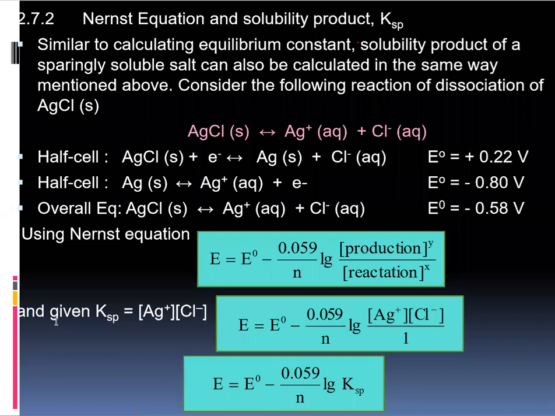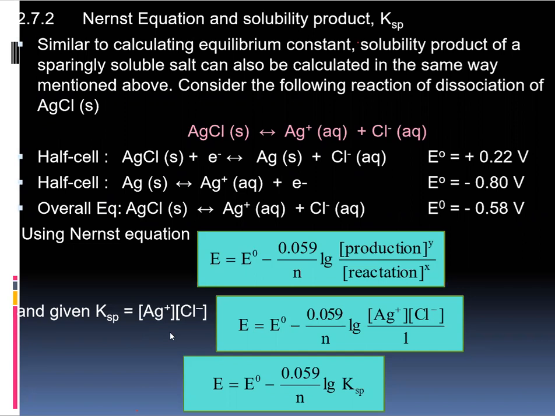Okay, so for the KSP of Ag plus concentration and AgCl solid, you can see the KSP is going to be the concentration of the product. Our product here is the concentration of Ag plus and Cl minus, divided by the reactant. In this case, the reactant is a solid, so we are not having any concentration. It is 1.